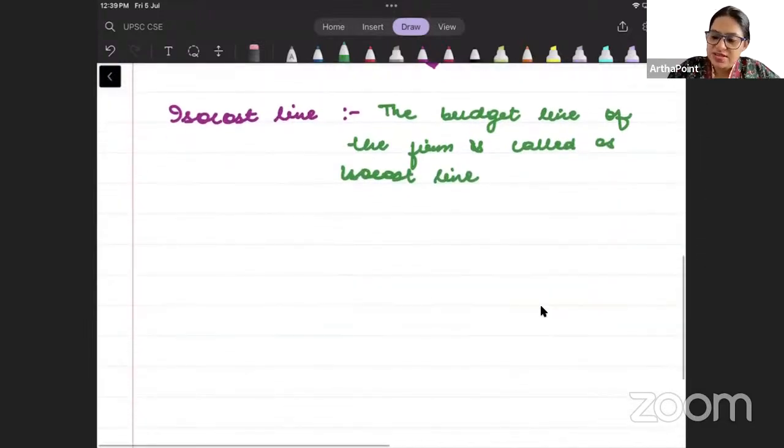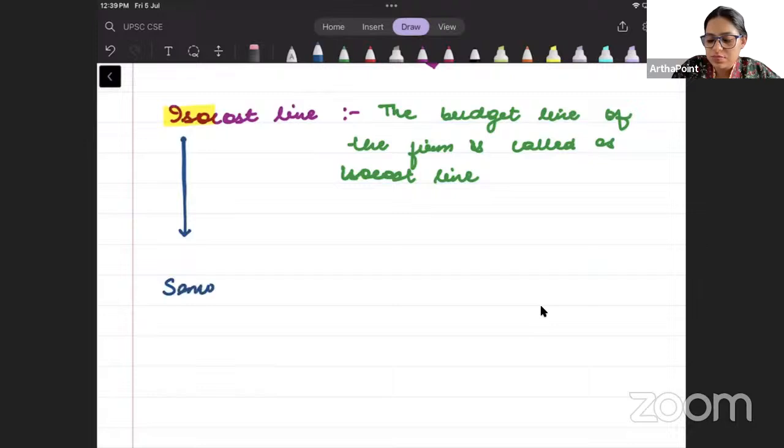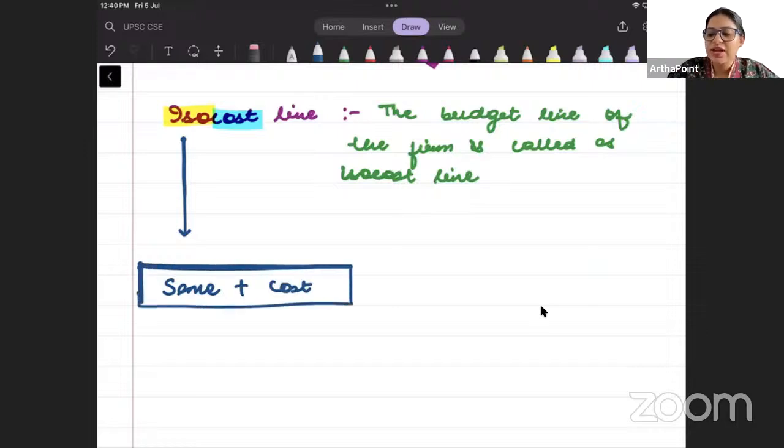So try to understand this. Iso means same, and cost is nothing but cost. So an isocost line is any line that represents the same cost incurred.